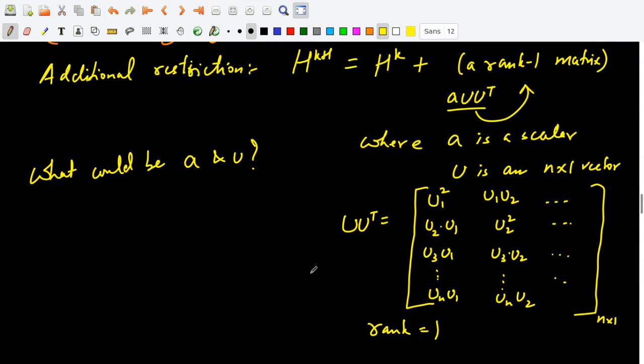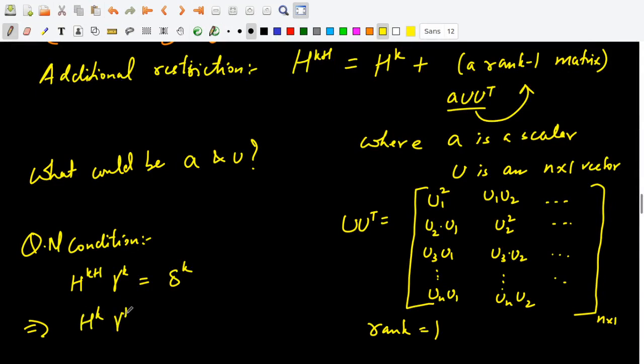So let's derive what this could be. If I put this in the Quasi-Newton condition, which said that hk plus 1 into gamma k should be equal to delta k, this implies hk gamma k plus A U U transpose gamma k should be equal to delta k.